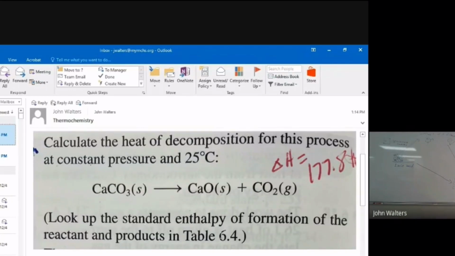So you need to look up the enthalpies of formation of this and of this, times 1, times 1. Then that's your products. Then you're going to subtract the enthalpy of formation of the reactant here, times 1. And should be easy enough. We'll see if that's the correct answer or not.